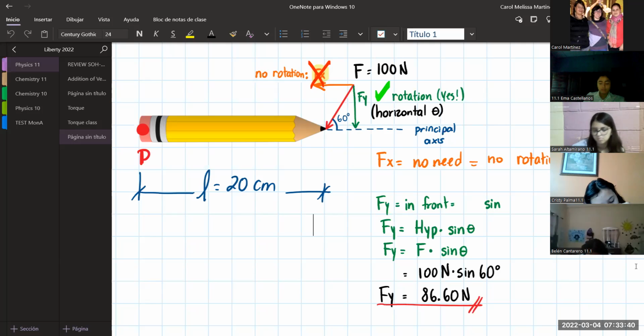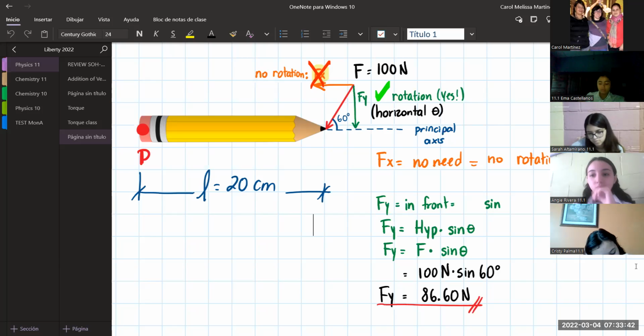Okay, what else do we need to do? We need to work in a free body diagram. In a free body diagram, we show the forces acting on the object and the lever arm. What is the lever arm in this exercise? 20 centimeters. Those 20 centimeters are going to be converted to meters.